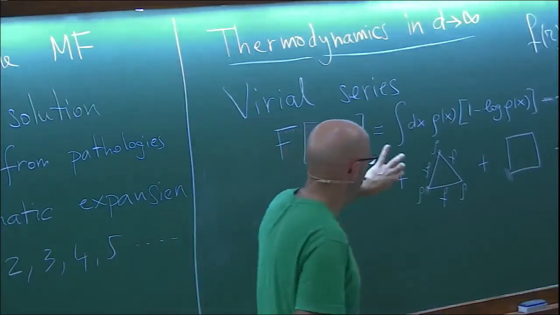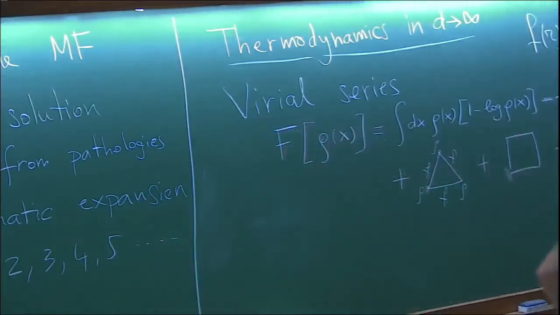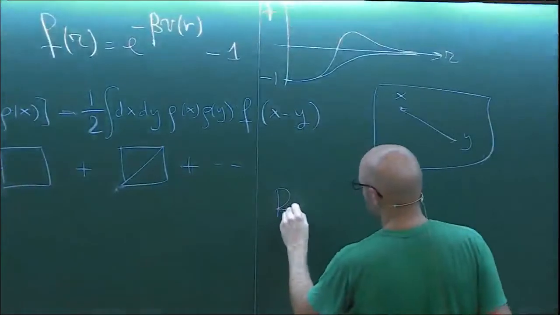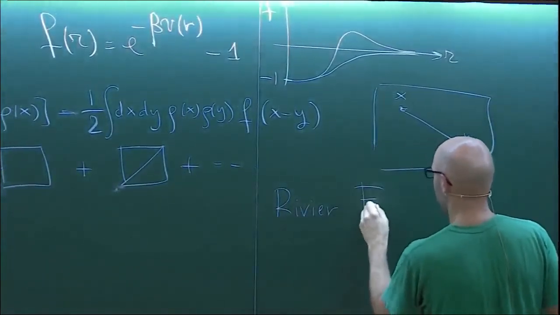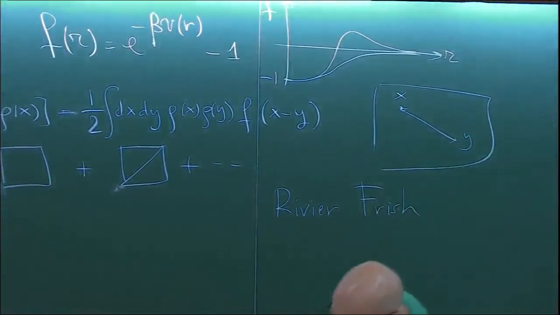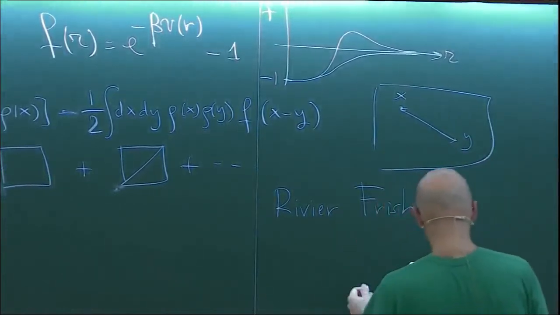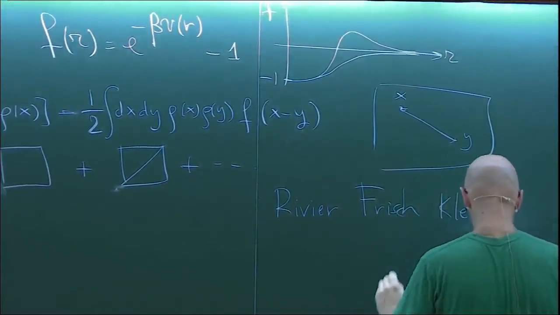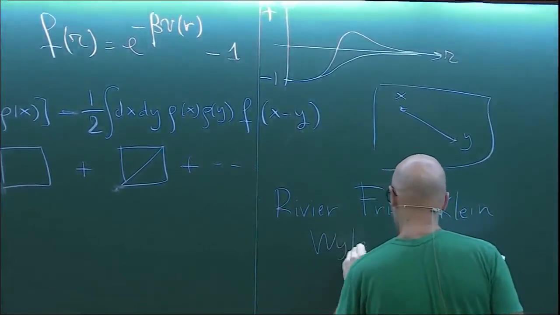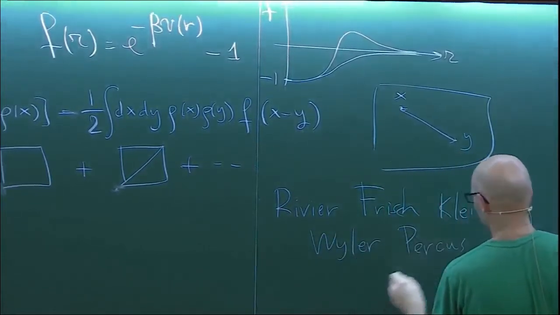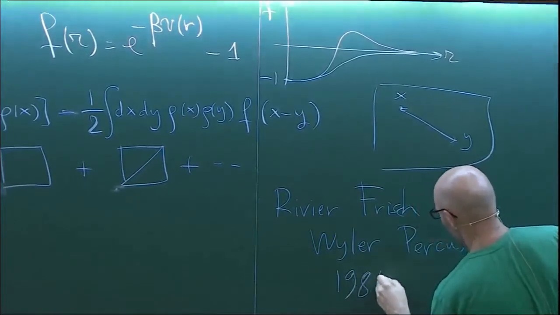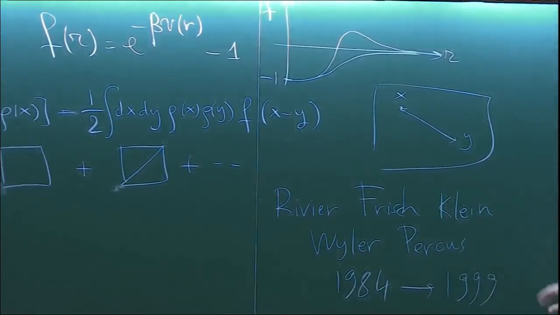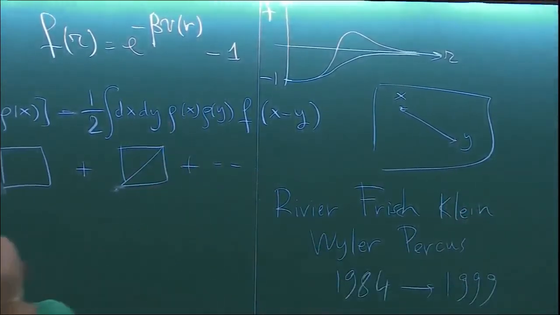It's very simple. What you can show, and this is a series of work by Riviere, Frisch, Klein, Weiler, and Perkus, starting from around 1984, with a series of papers going up to 1999, is that they studied this series in the limit of large dimensions.